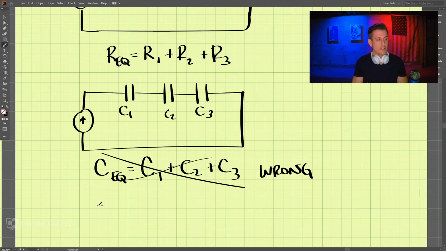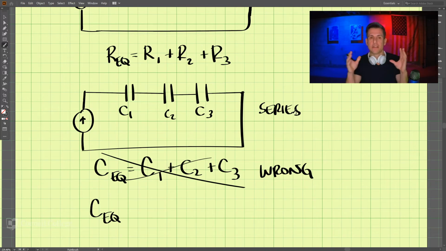If we want the equivalent capacitance, we must add them together like we do resistors in parallel. So if these are in series, we add them together like resistors in parallel.